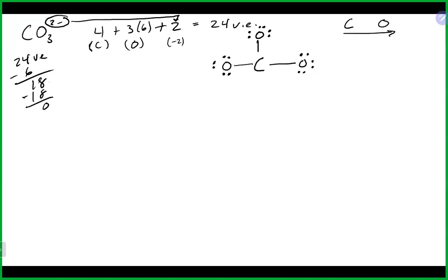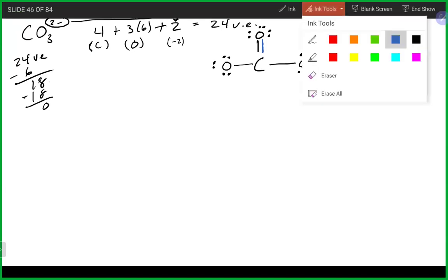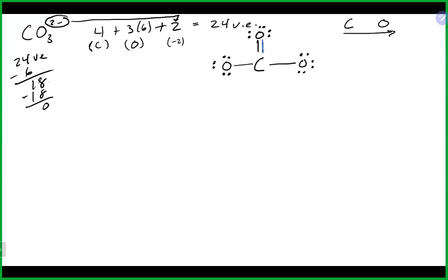So when I make a double bond, can I just throw a line in there? The answer is sort of, but we can't just throw a line in because now how many electrons do I have? I now have 26, which is too many. In addition, the oxygen on top that I just did now has 2, 4, 6, 8, 10 electrons, also too many. So when we make a double bond, we cannot just lay in a double bond. By the way, a triple bond works the same way.